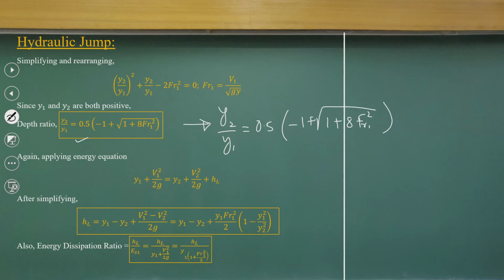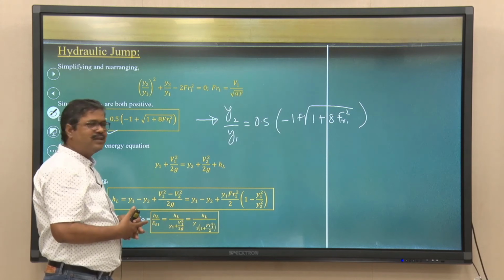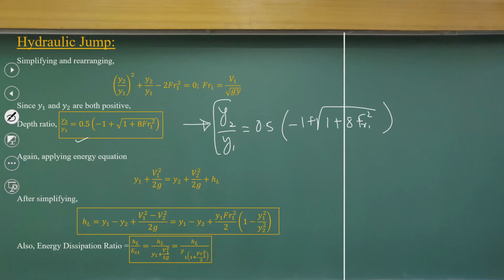So, this relationship gives us the downstream depth, because upstream I know the flow depth and the flow Froude number. Substituting these values, because it satisfies the mass conservation and the linear momentum equations, I can get this relationship.